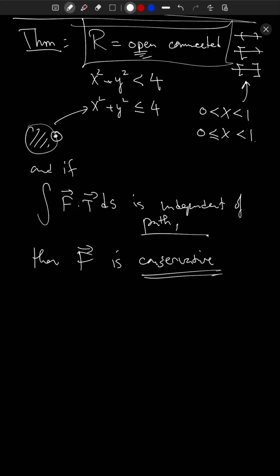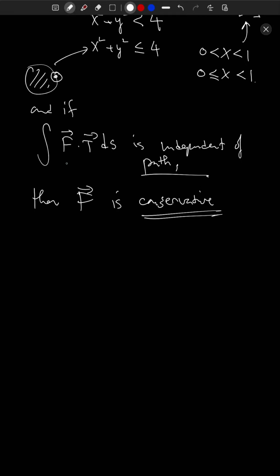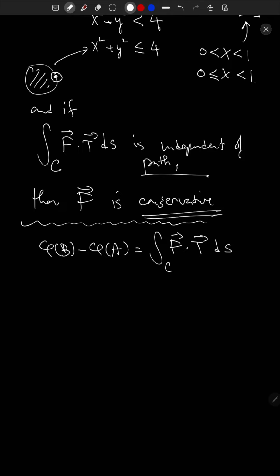Why would this be true? Actually, it's true pretty easily, because if your path, oh sorry, I should put a C here. If you're path independent, then that means we know phi of b minus phi of a is equal to the integral over C of f dot t ds. So that means that we can actually figure out phi by integration.